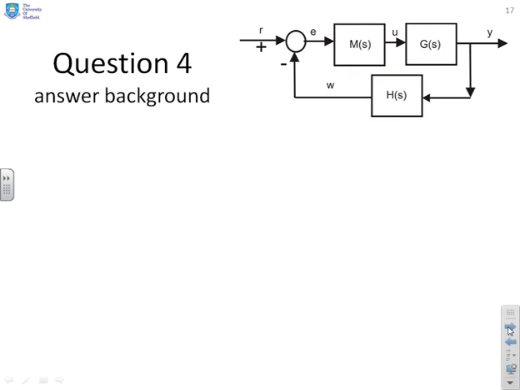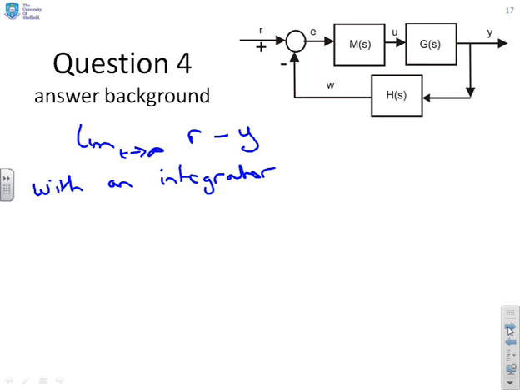First then, let's do some background. How do we deal with this situation where we've put H? What we really want is the limit as t goes to infinity of r - y. However, we know that with an integrator, and if you look at both of these questions, you'll see they both included an integrator, then the limit as t goes to infinity of r - w equals 0, or r equals w. So that we know, because there's an integrator.